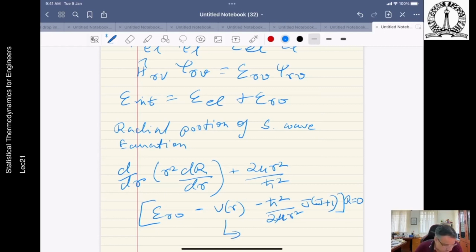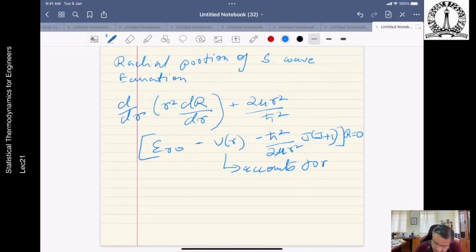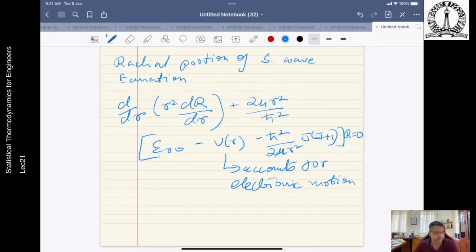This part accounts for the electronic motion.